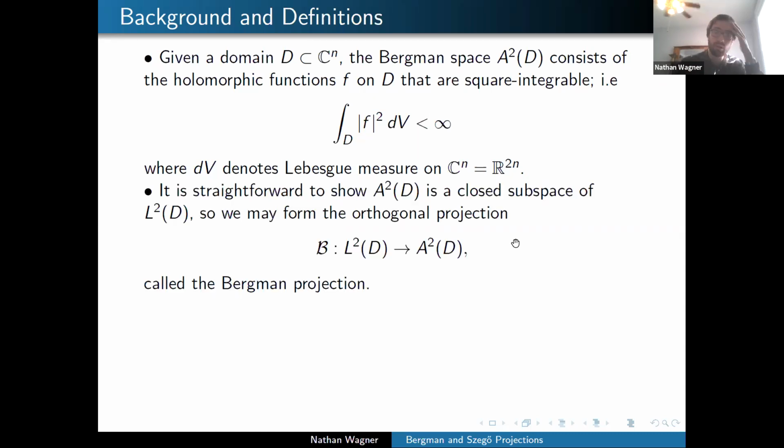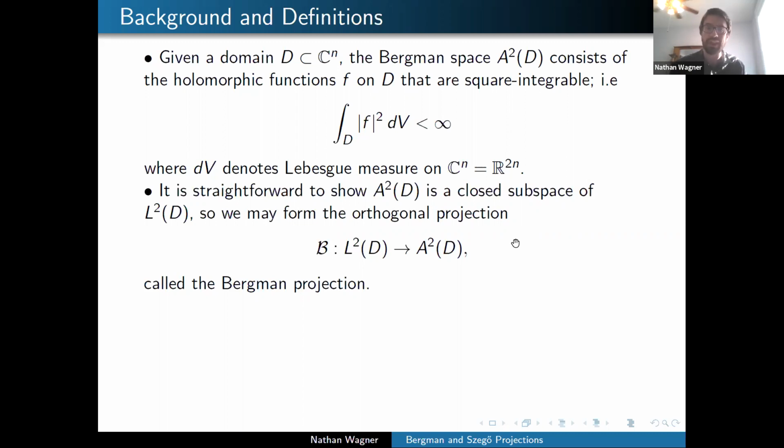And you can show, using the mean value property for holomorphic functions, that the value at the center of a ball is equal to the average of the function on that ball.